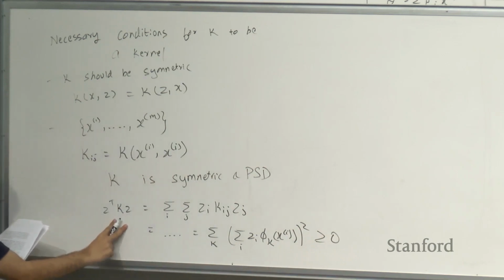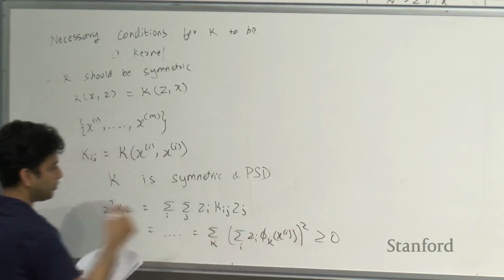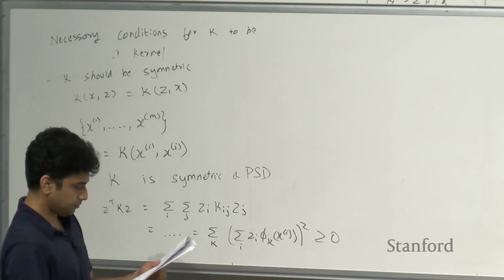So we show that z transpose Kz is greater than or equal to 0 for any z. Right?